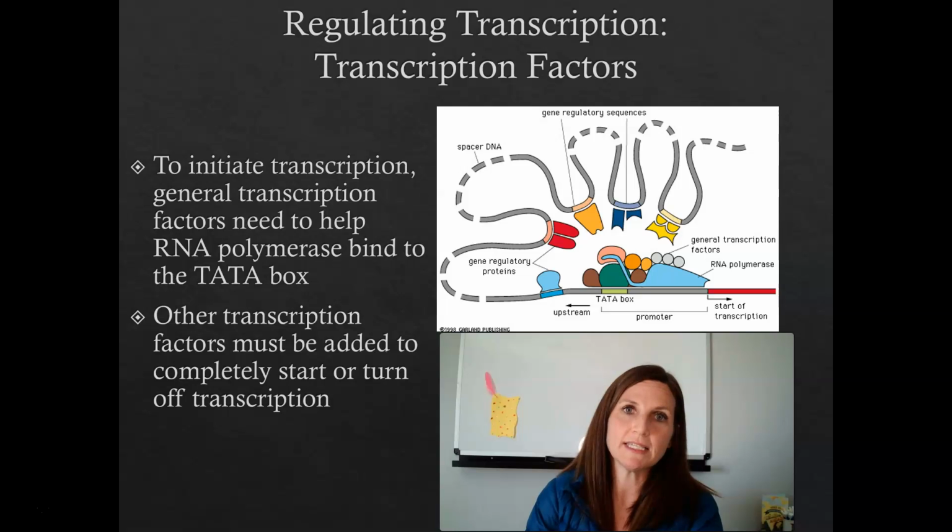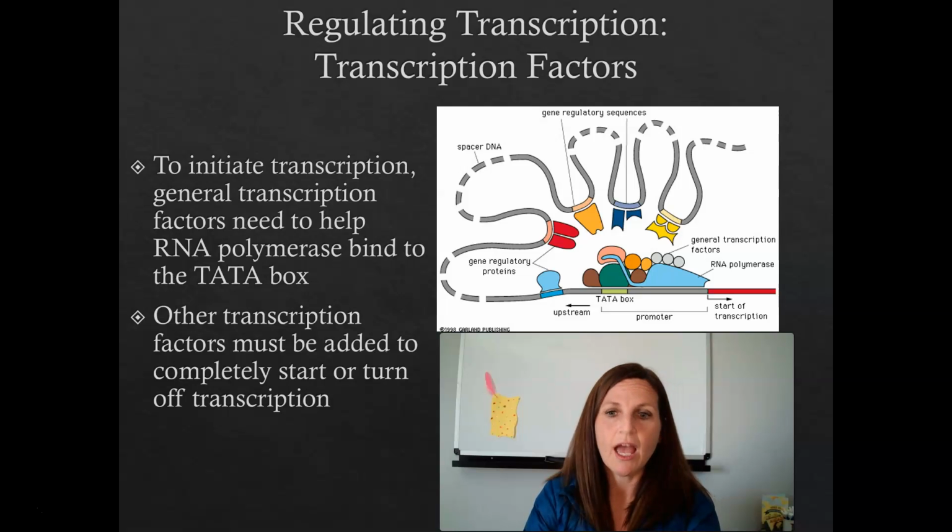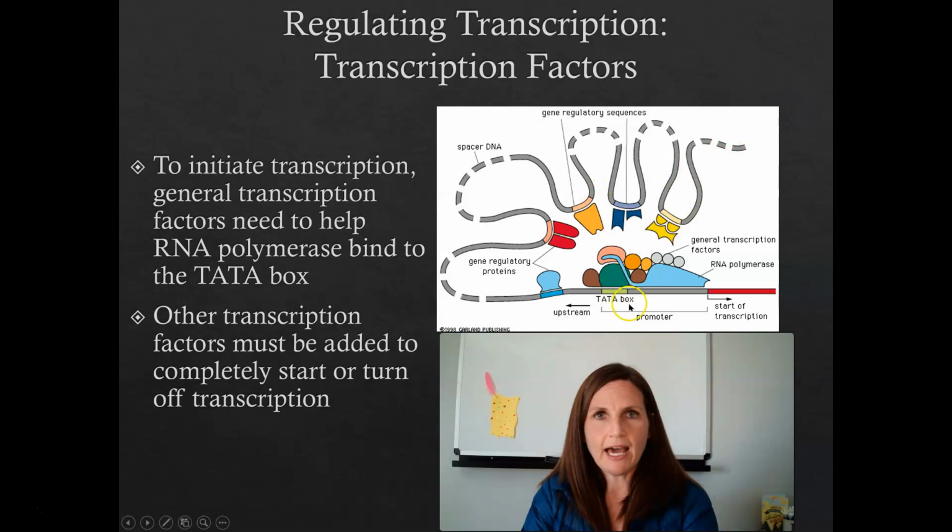When we talk about the system in terms of regulation, you always have the TATA box and the promoter here. You could always get RNA polymerase to come over. But in order to really get that push, you need all of these different proteins.